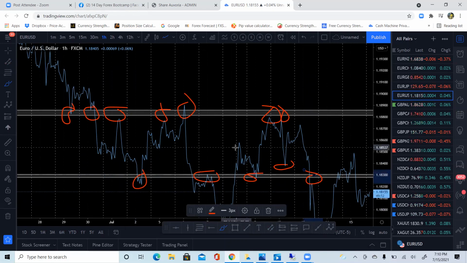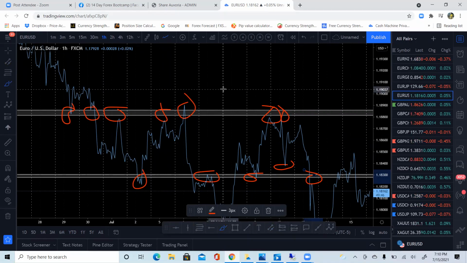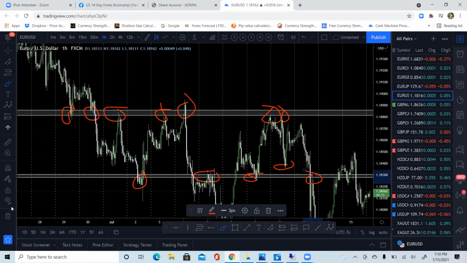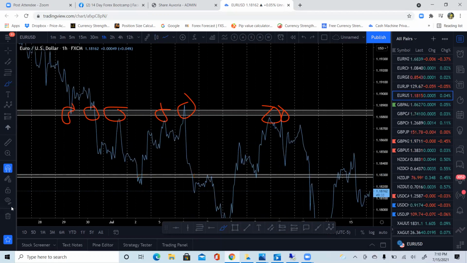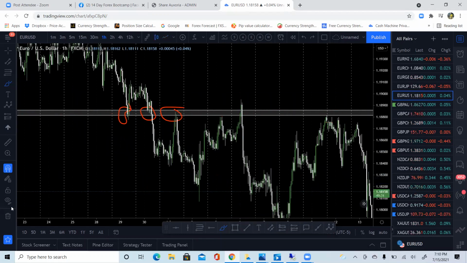So it becomes easier for you to see it on the line chart. And this is your basic price zone, just looking at where the market reacts from. So let's go back. Next, you would have the Fibonacci points.